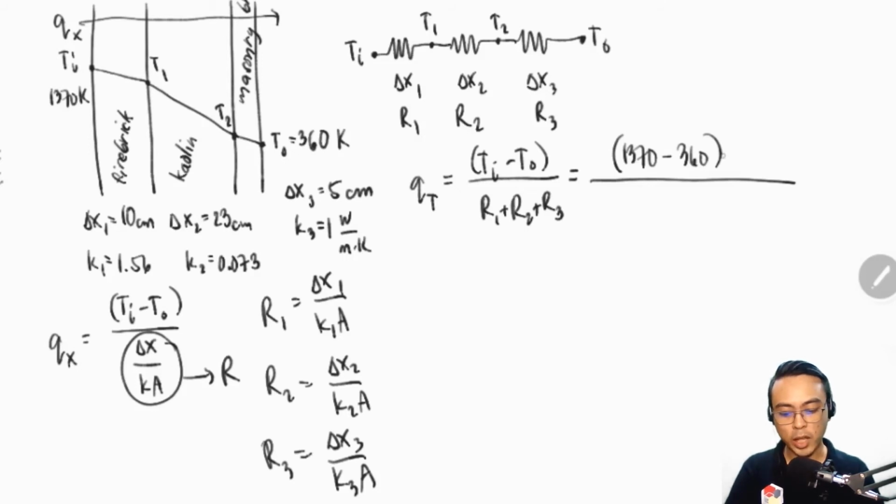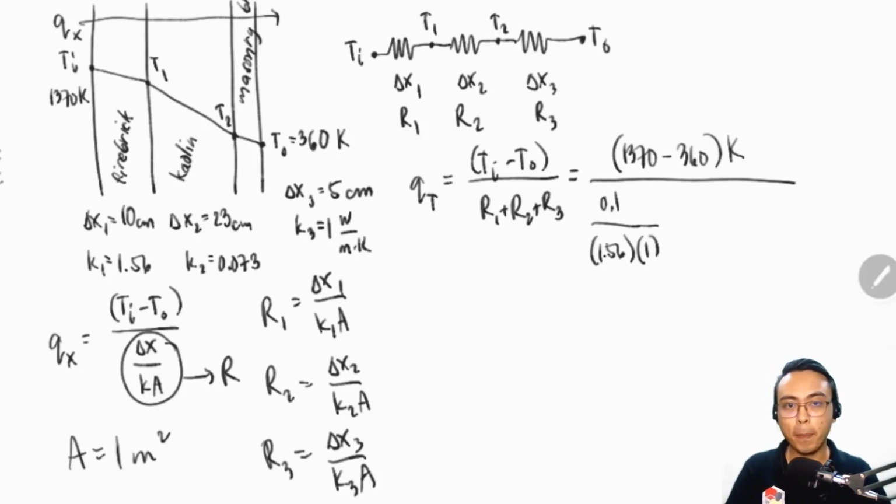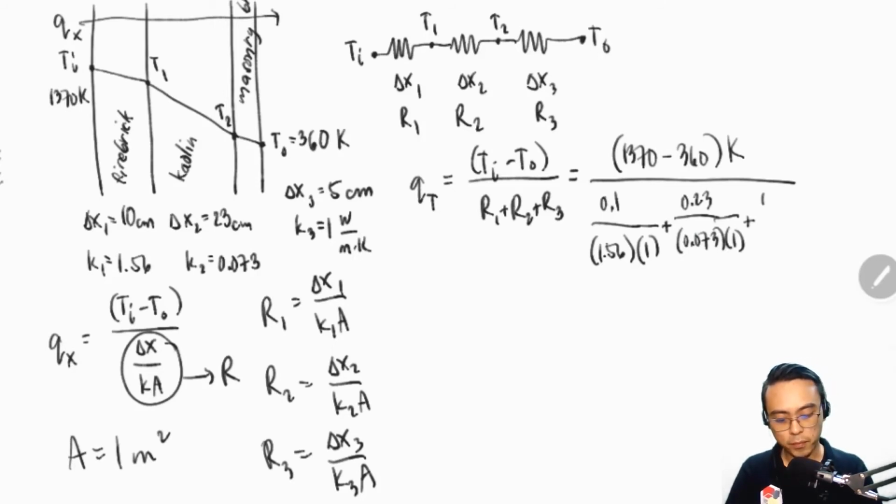So delta X1 is 10 centimeters, that is 0.1 meters, divided by K, 1.56, times A. I will be assuming that the area of heat transfer is 1 square meter. We can assume that because area is constant. Next, delta X2 is 0.23 over 0.073 times 1. Plus for the last layer, that would be 0.05 over 1 times 1.